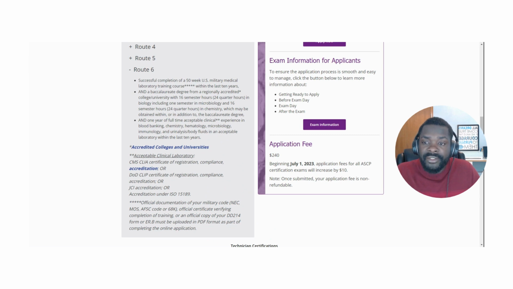And then finally, you should have 1 year of full-time acceptable clinical experience in blood banking, chemistry, hematology, microbiology, immunology, and urinalysis of body fluids in an acceptable lab within the last 10 years. So that is Route 6. Somebody, please connect them so they can use Route 6.